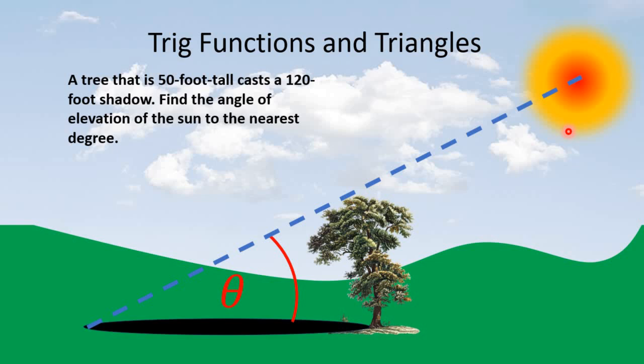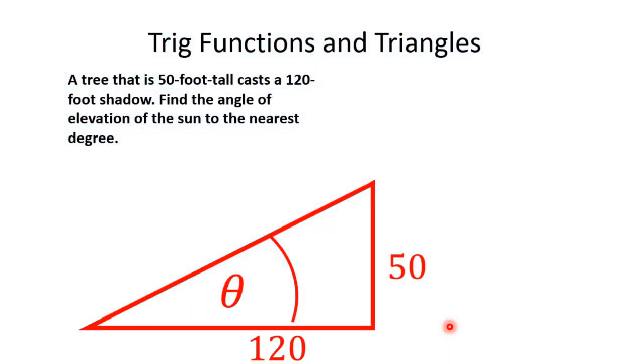Okay, so they're giving me the information that the tree is 50 feet tall and is casting a 120-foot shadow. So that's what I need. I need to just look at this triangle and figure out how to find theta. So I need to figure out which trig function I can use to relate the opposite and the adjacent of the angle theta.